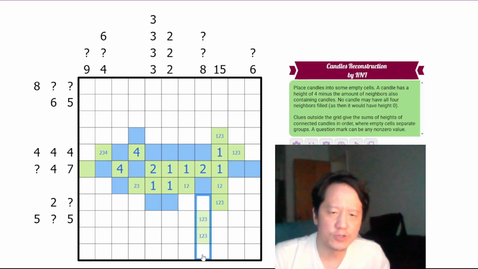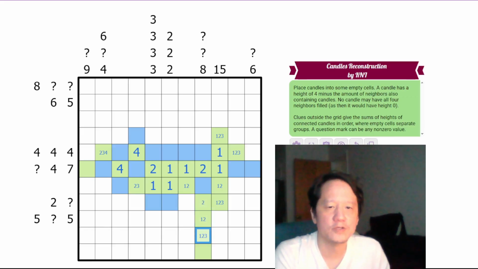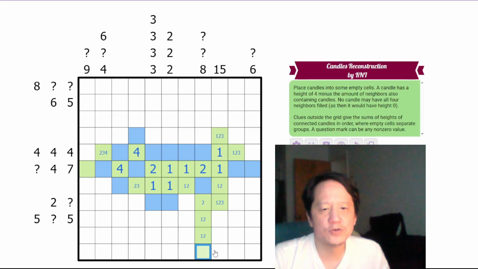Can this be 4 digits here? That is actually a good question. If this is 4 digits, this has 2 neighbors that have candles, so this is 2 at most. This would be 2 at most, 2 at most. This could be 3 here, so this would be 1 and 2.